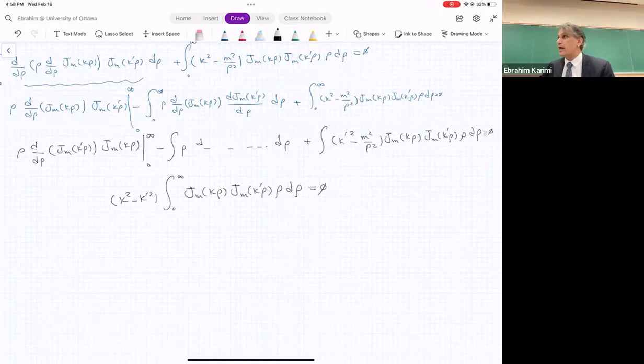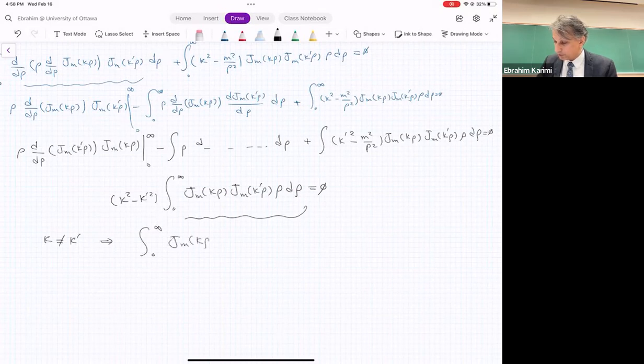And definitely for k not equal to k', that term should be equal to 0. Assuming k is not equal to k', therefore the integral from 0 to infinity of Jm(k rho) Jm(k' rho) rho d rho is equal to 0.